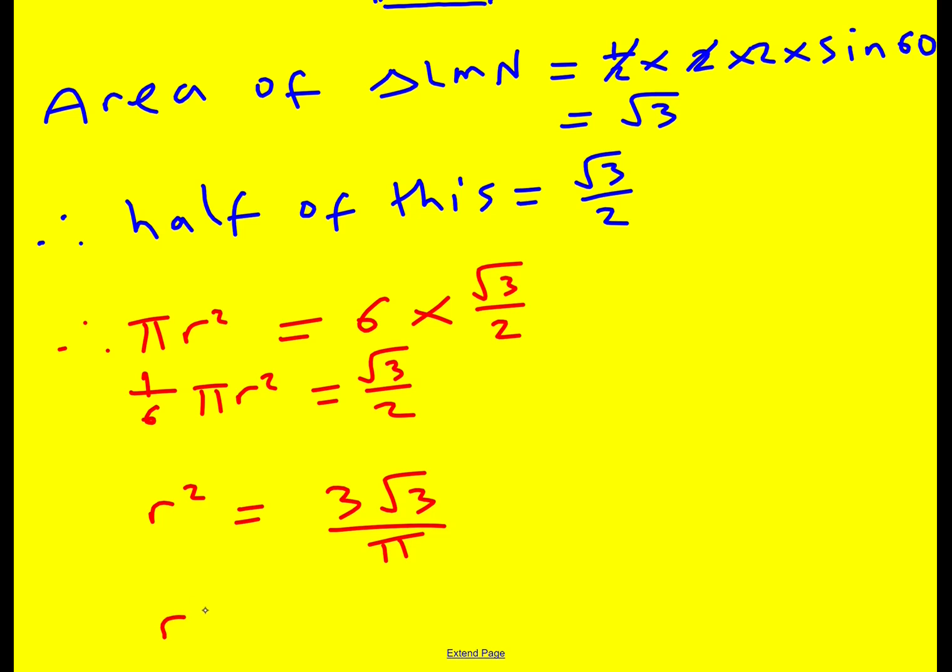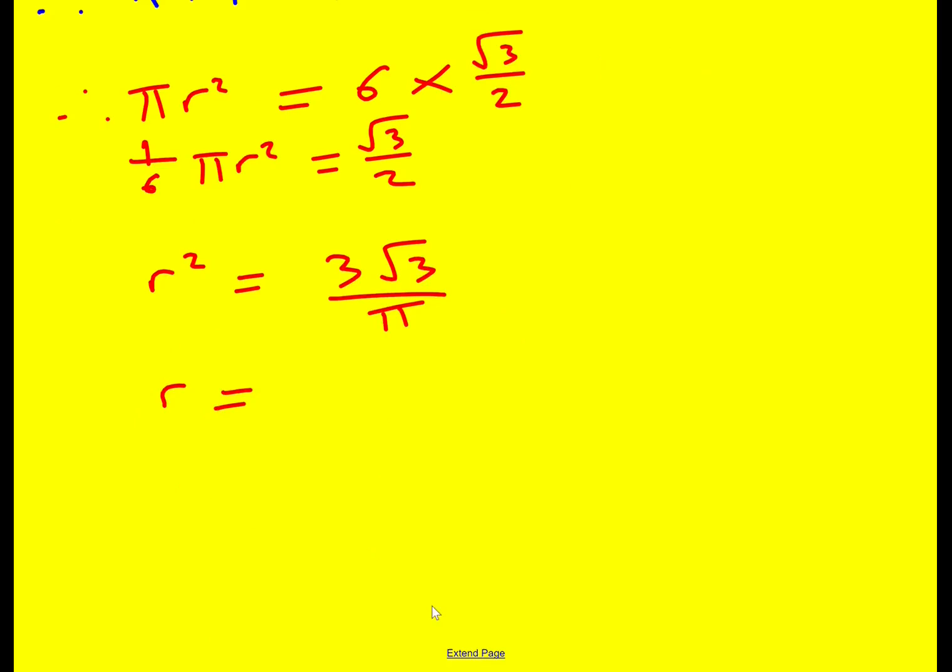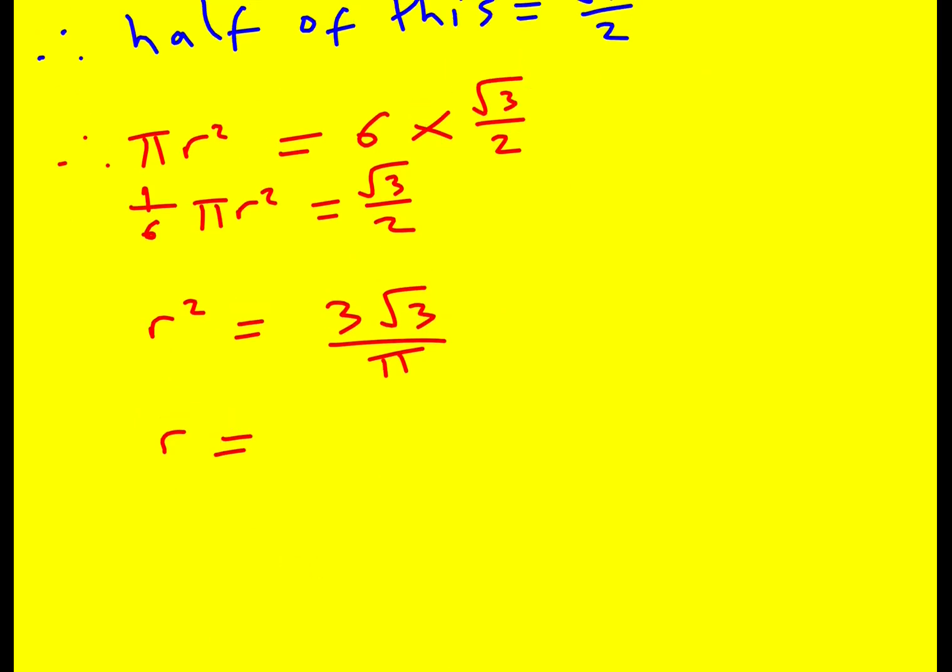And therefore, I think that's okay. So r is going to equal the square root of 3 root 3 over pi. Let's leave that for the moment.